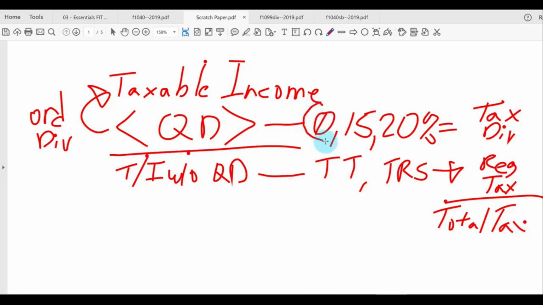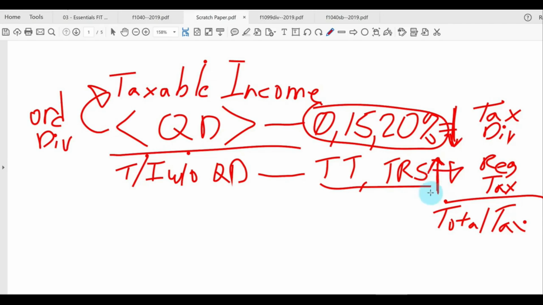These rates here, taxing the qualified dividend, are going to be lower than the tax on the regular rates. Remember there were different tax brackets? Well, the tax brackets here are lower than the regular tax brackets. So you're saving taxes if you have qualified dividends.